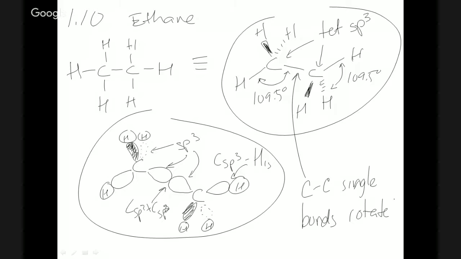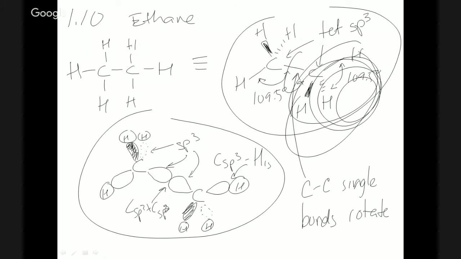So these carbons can rotate about this bond. That means this CH3 is always moving around and spinning around, and we'll look at some models. That's really important: carbon-carbon single bonds allow for free rotation. Okay, so that's ethane.